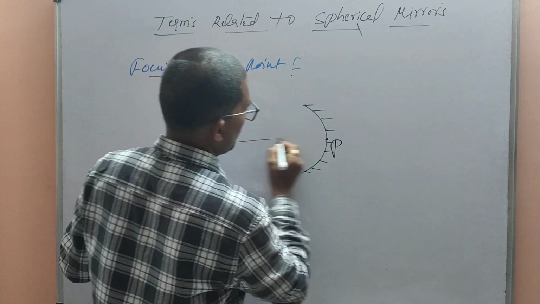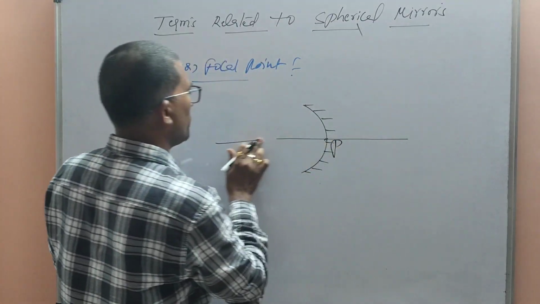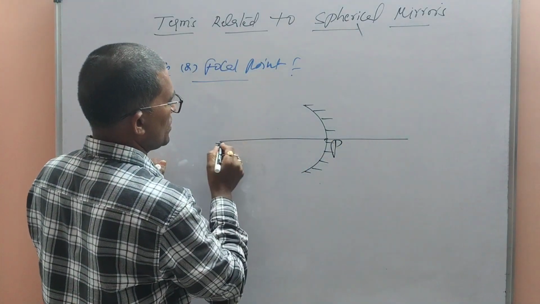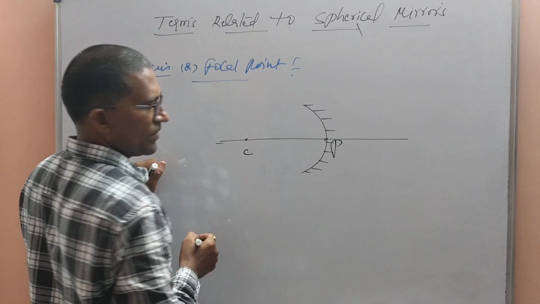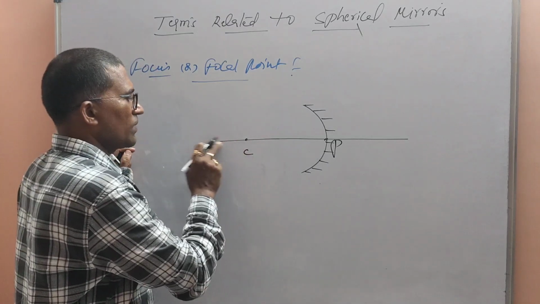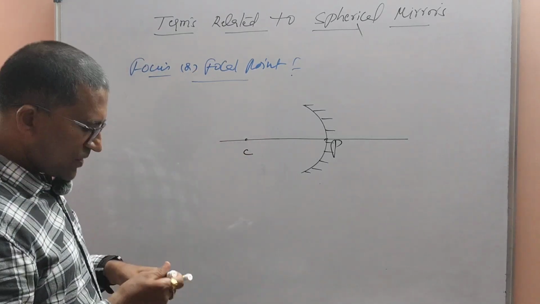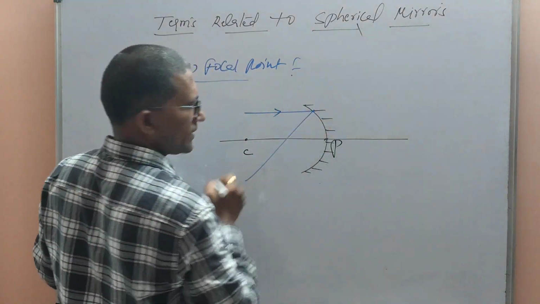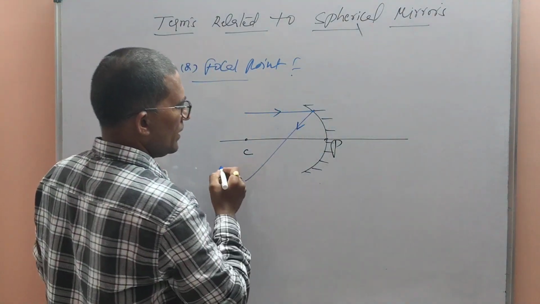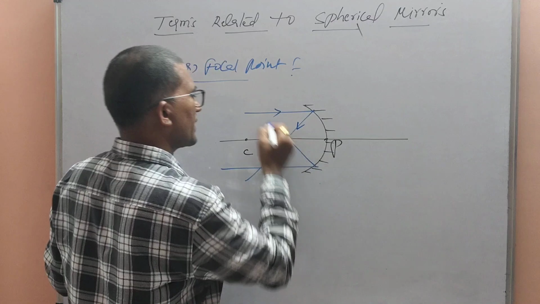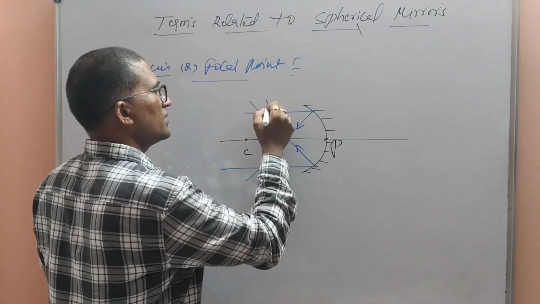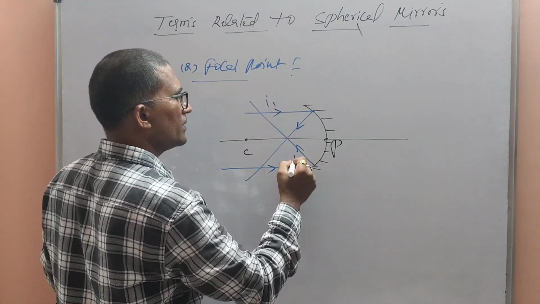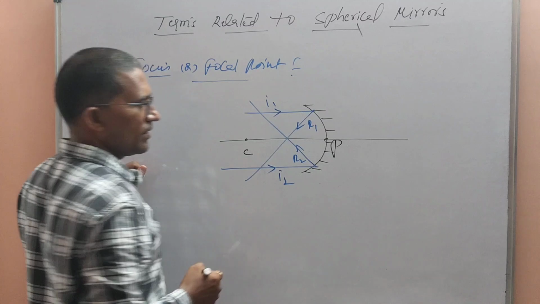If I draw one horizontal line passing through the pole and the center of curvature, this is called the principal axis. Now, if I draw an incident ray, this is the incident ray and this is the reflected ray. And this is the second incident ray and the second reflected ray. This is I1 and R1, and this is I2 and R2.